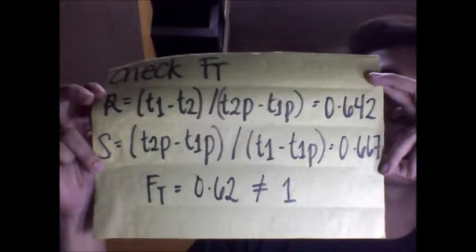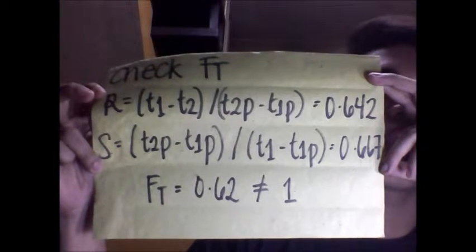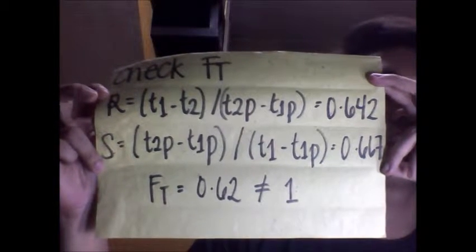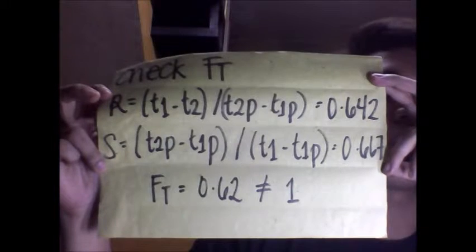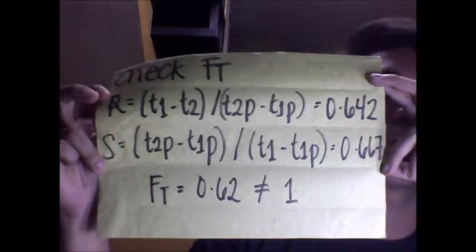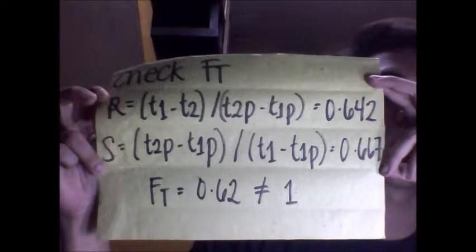R is equal to 0.642. Then S is equal to T sub 2P minus T sub 1P over quantity T sub 1 minus T sub 1P. Then we get 0.667.